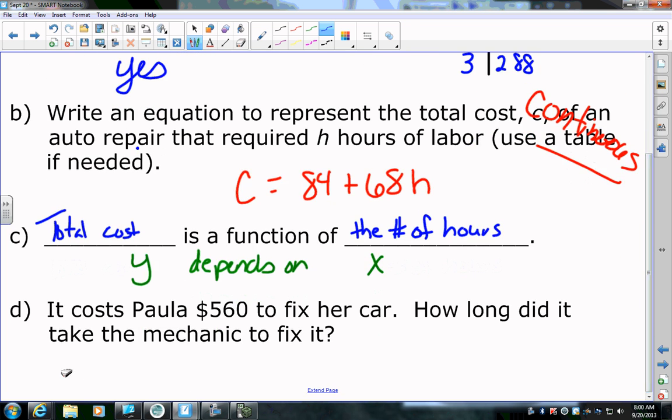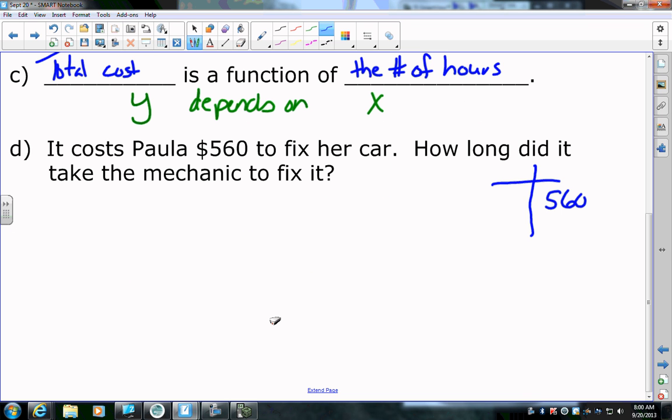The last one we have down here says, it cost Paula $560 to fix her car. How long did it take the mechanic to fix it? Okay, so in a table, 560 goes in the Y column. First off, to solve this by hand, what was my equation? It was Y equals 84 plus 68x, right?